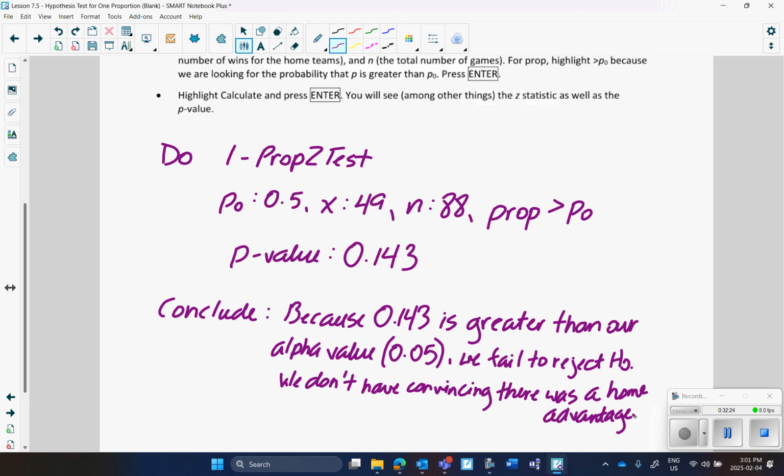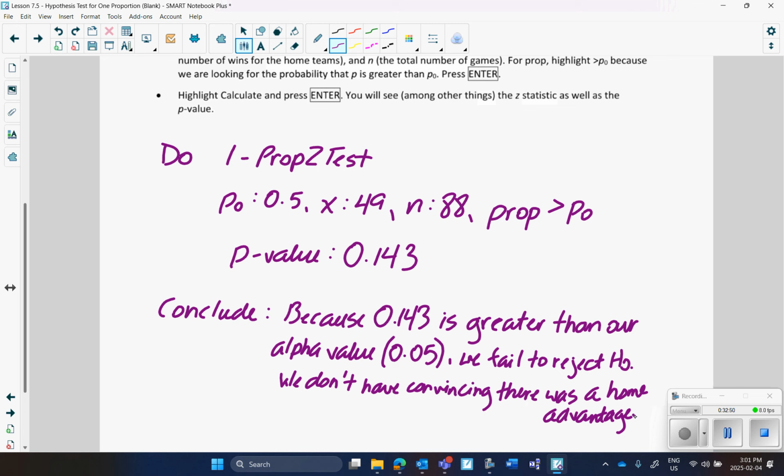It's going to be greater than, less than, or not equal to, depending on how the question is phrased. So in this one, we were looking for evidence of a home court advantage, which means greater than 0.5. Perhaps if it said we were looking for an away court advantage, then we'd be looking at less than 0.5.